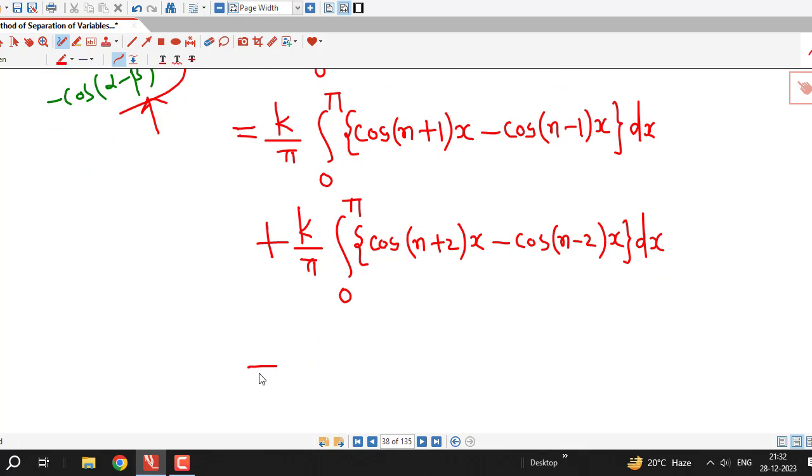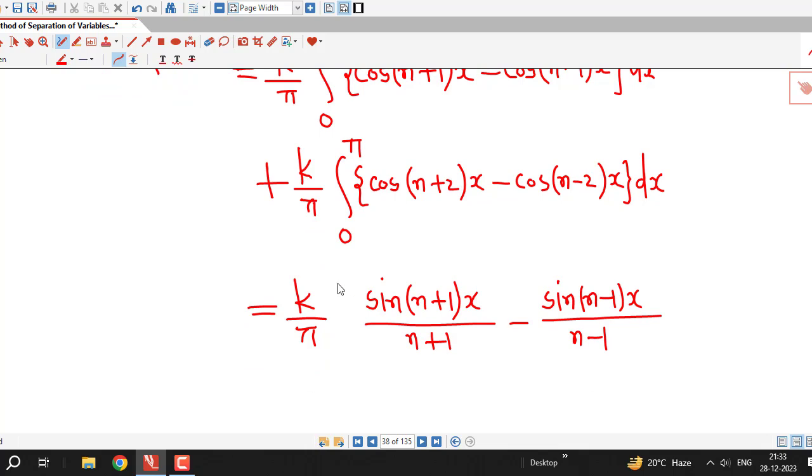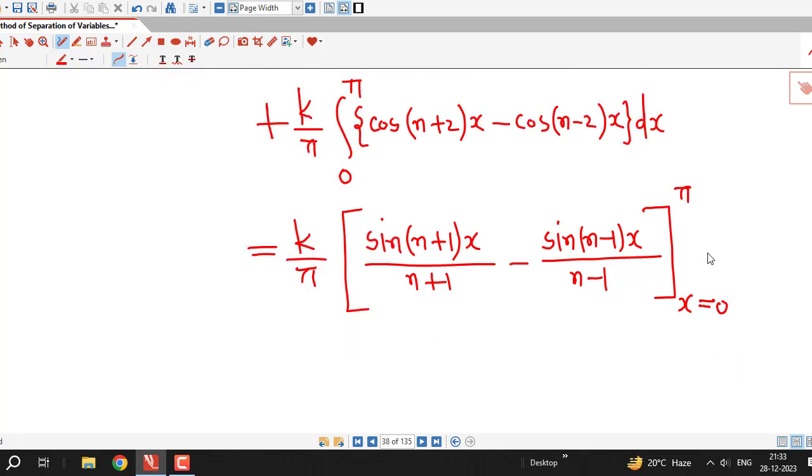Now this is easy to integrate, k divided by π as it is. Integral of cosine (n plus 1)x is sine of (n plus 1) times x divided by the coefficient of x, which is n plus 1. Same thing here, sine of (n minus 1)x divided by the coefficient n minus 1, and the limits of x are from 0 to π.